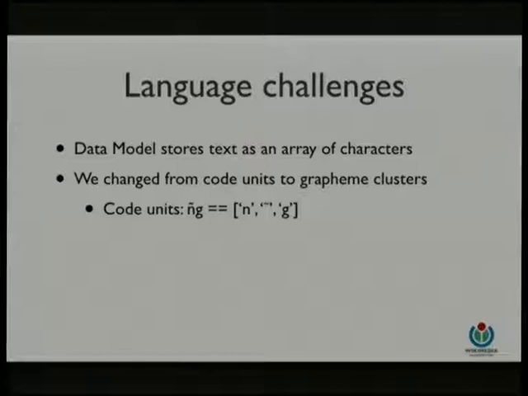For instance, this N with a tilde on top of it is really an N followed by a combining accent mark that puts a tilde on it. And you can actually have multiple combining accent marks piling onto the same character. And so there's 3 code points. So if you represent it as code units, it would take up 3 things in the data model. But if you represent it as grapheme clusters, it's 2.